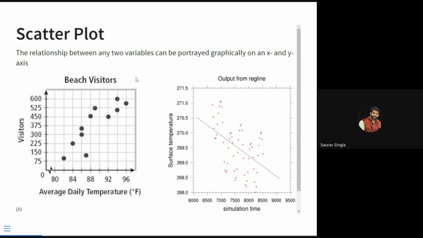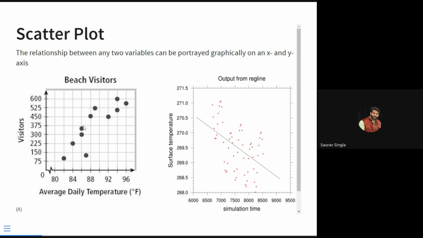Similarly, when you look at this graph, you get an idea that as the simulation time is increasing, the surface temperature is decreasing.